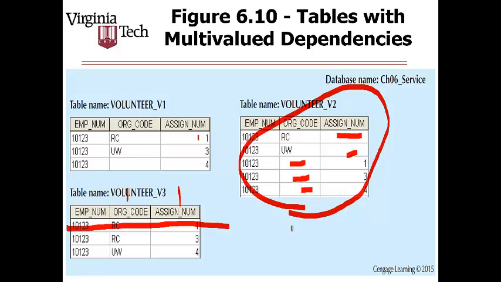Well, here's the idea. We have this table, volunteer 2, and in this table we have the fact that the employee works for an org code, and we have the fact that the employee is assigned to a particular assignment. So these are two different facts.